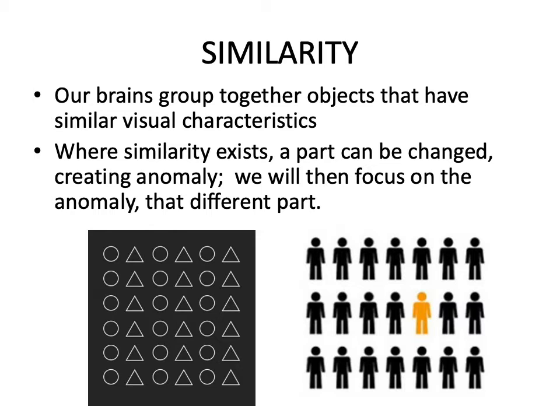This tendency to group things based on similar visual characteristics also allows us to have something called anomaly, where we throw in something that is different, and our brains immediately pick that up and focus on it. Again, this is the way the brain processes visual information, and you can see how that could be useful as a survival skill for humans.